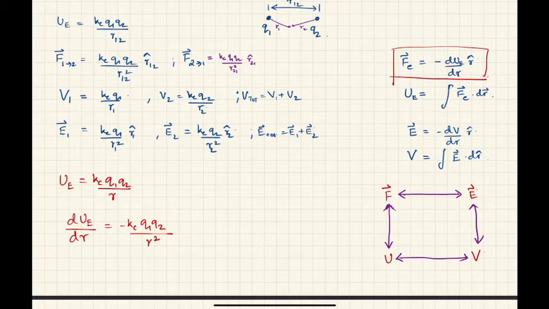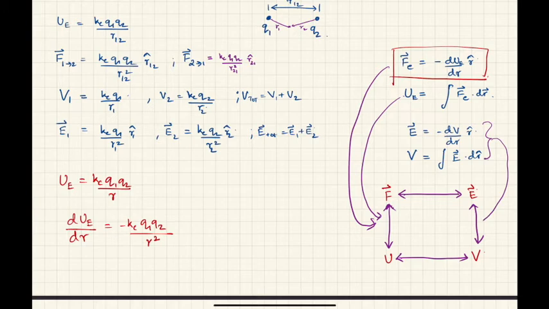So that's how I would go from force to energy. And if I wanted to go from energy to force, then I would use this relation instead. And the same thing for electric fields and potentials, right? So that's how I would go from electric fields to potentials.